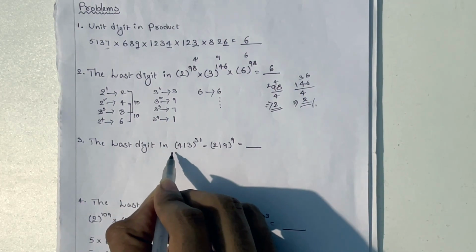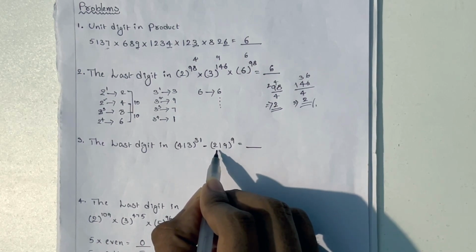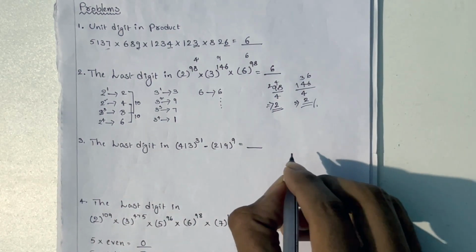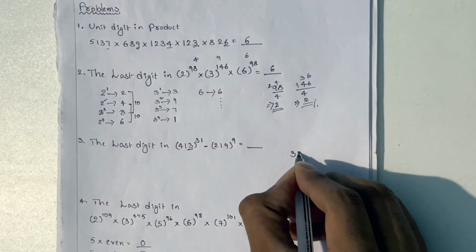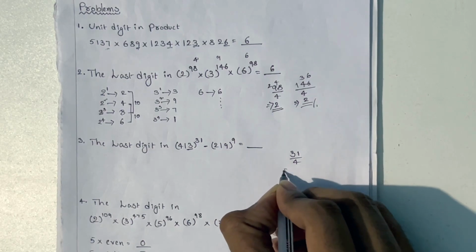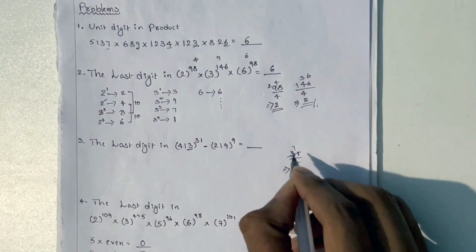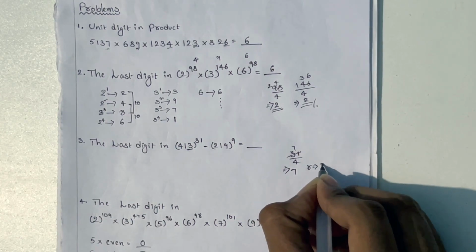Here we need to deal with 413 whole power 31 and 219 whole power 9. We know the last digit of 413 is 3. 31 divided by 4: 4 sevens are 28, and the remainder is 3.